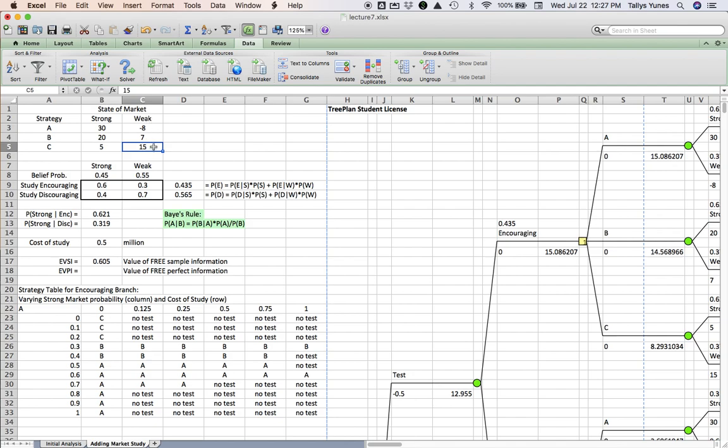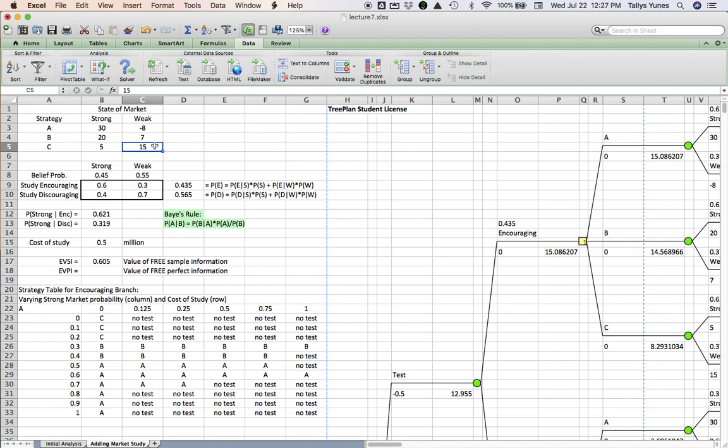Now, the market is not strong or weak all the time. It depends. Sometimes it's strong, sometimes it's weak, and it's strong versus weak with these chances. So if you were to have a crystal ball and ask it, will the market be strong? There's a 45% chance the crystal ball will say yes, in which case you would do A and make 30 million. And there is a 55% chance the crystal ball will say no, it's going to be weak, in which case you would go with C and make 15 million.